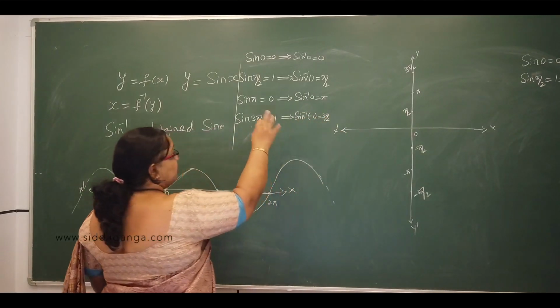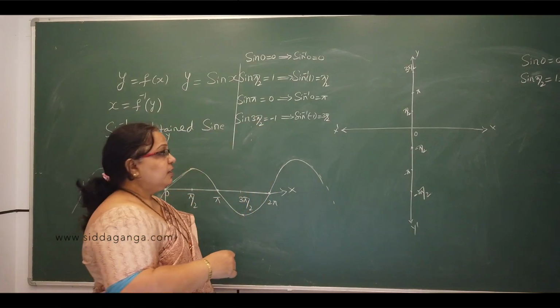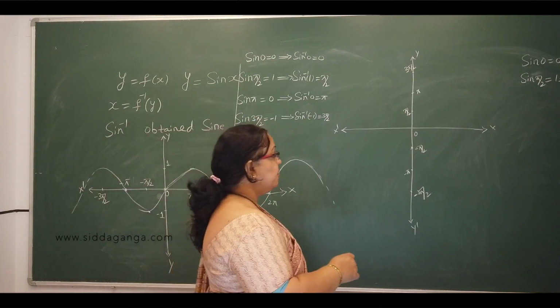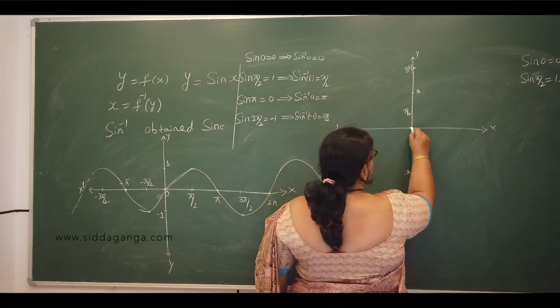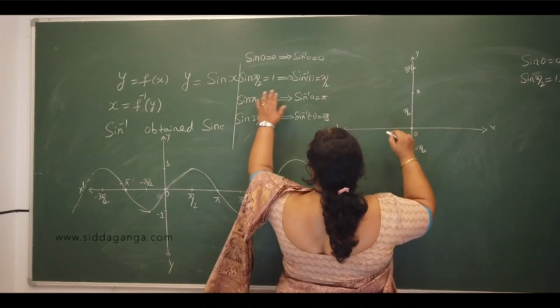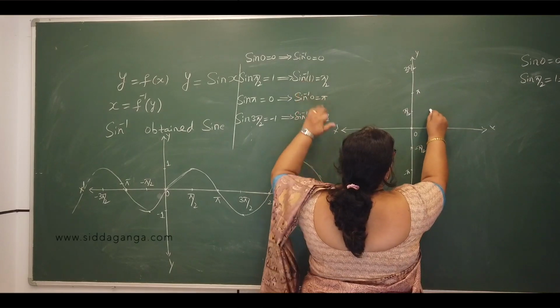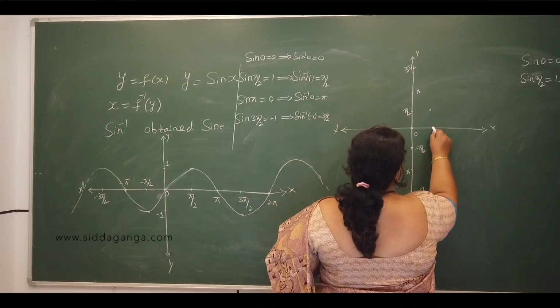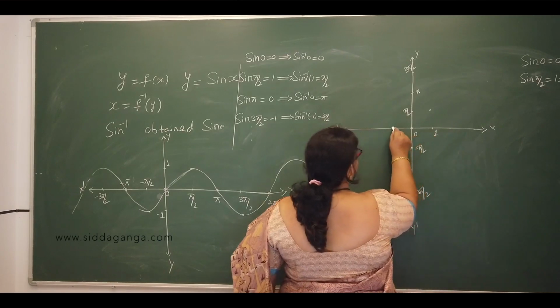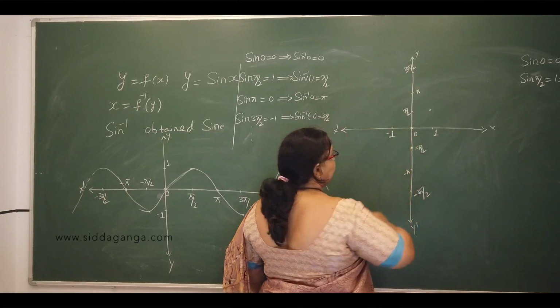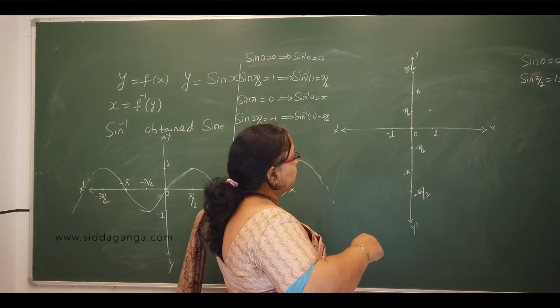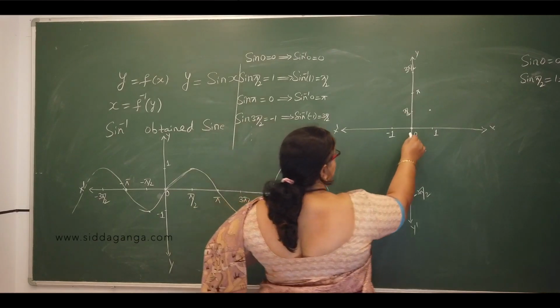This is taken only to draw the graph. So sine inverse of 0 is 0. Sine inverse of 1, x value 1 is 90 degree. Here the maximum is 1, and the minimum value is minus 1. If you draw the graph, again it comes to 0.